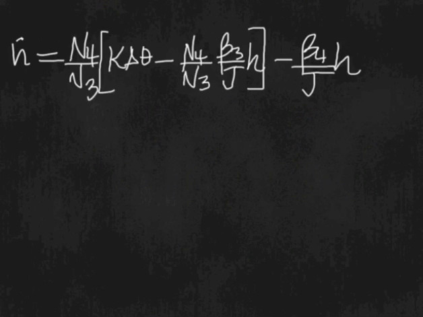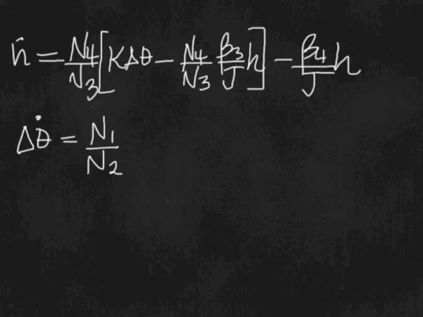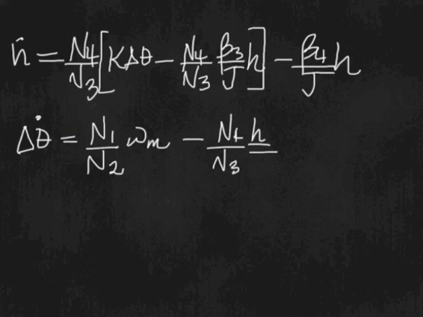Hence, delta theta dot is equal to n1 over n2 times the input angular velocity from the motor minus n4 over n3 times h over j.